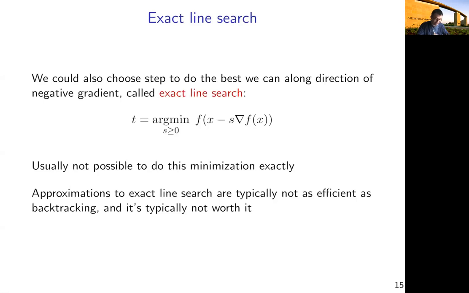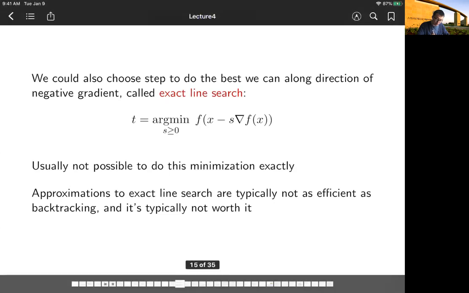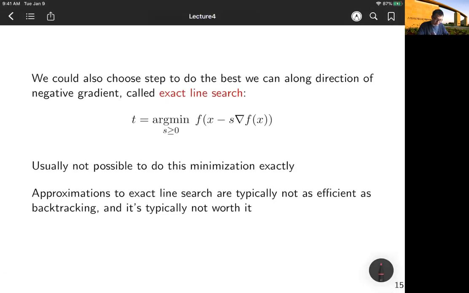The reason why you can solve this optimization problem efficiently is because this is a univariate optimization problem, a univariate function of s alone. Also, we've seen that for any convex function f, when we restrict to a particular direction, that one-dimensional function remains convex.